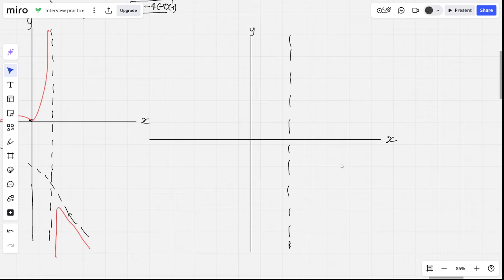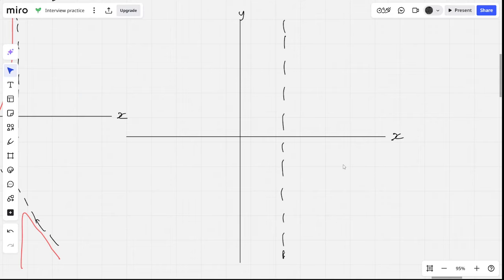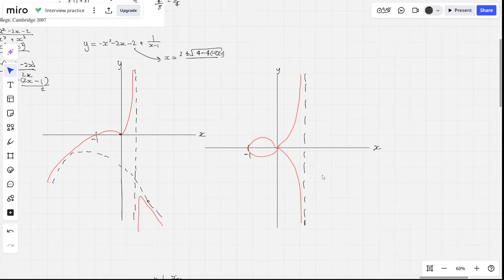And I have -1 here. So my graph, which currently looks like this, is going to look like something of the sort.